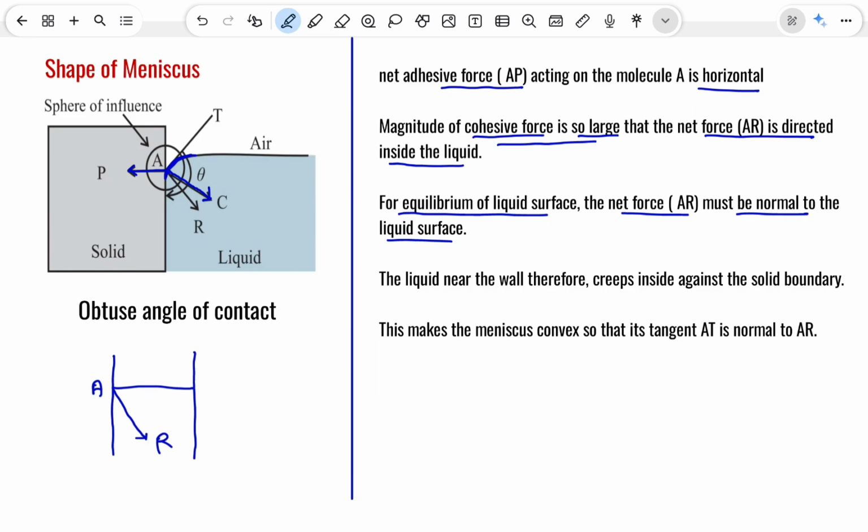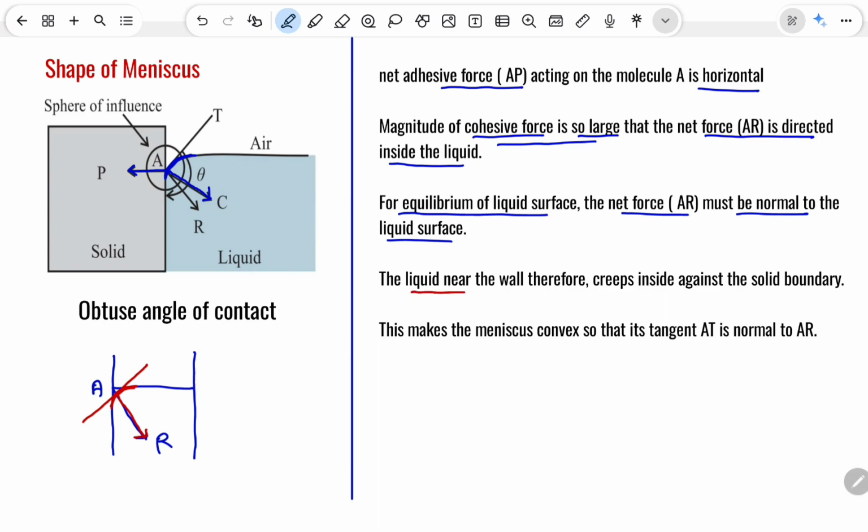Now we have to make this AR perpendicular to the liquid surface. So for that, what happens is the liquid surface creeps down the solid. It creeps down the solid up till the point where the tangent to the liquid surface becomes normal to the net force AR. And at this point, the equilibrium is achieved.